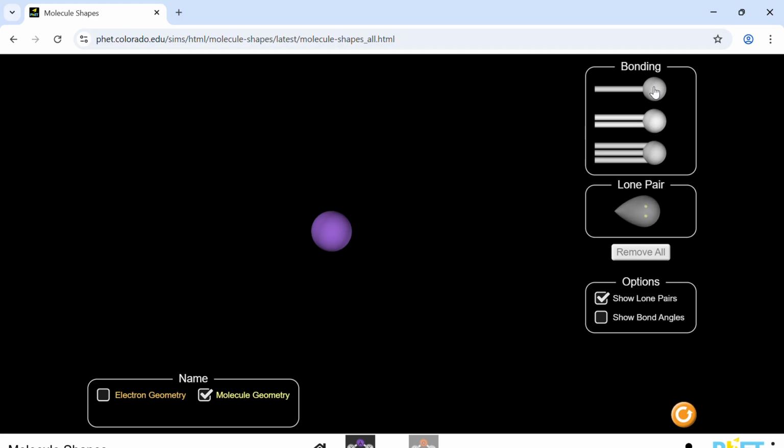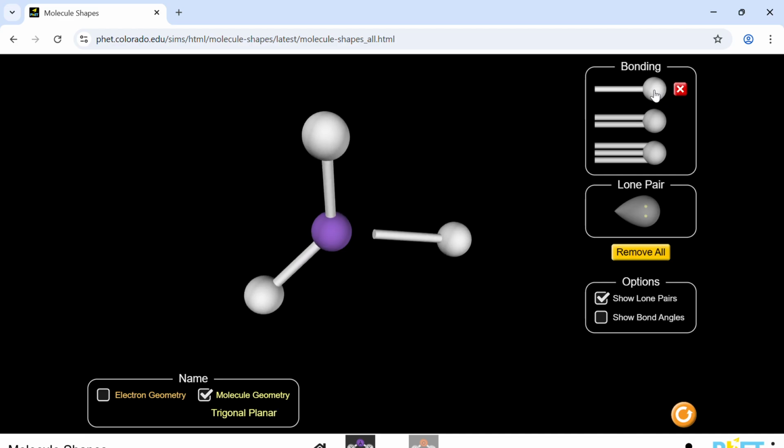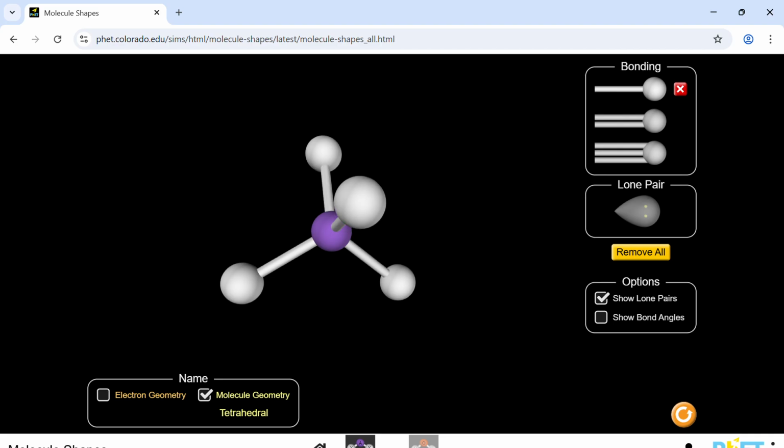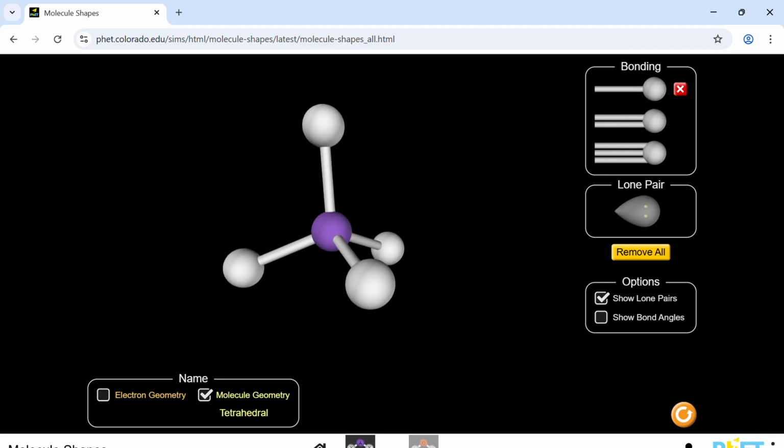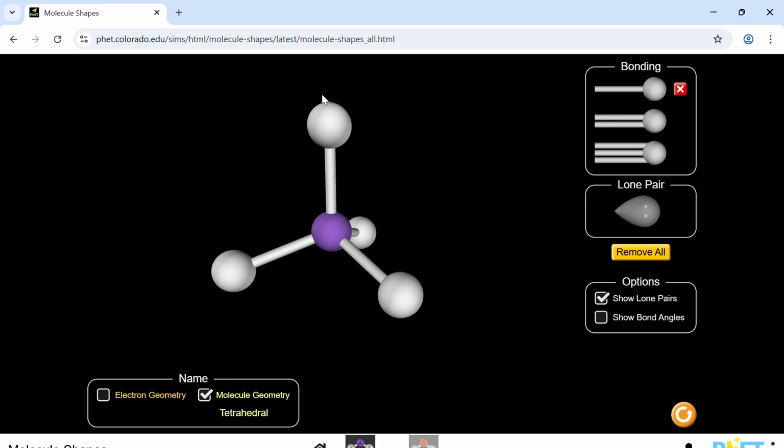So we will have four single bonds. And this single bond on the top serves the same purpose as 1 lone pair.